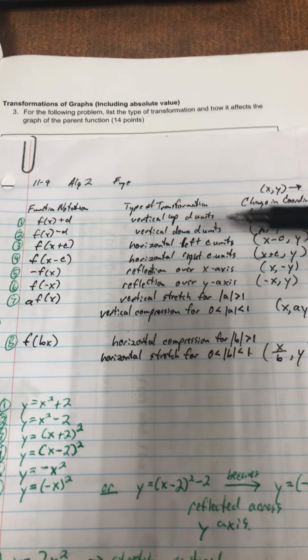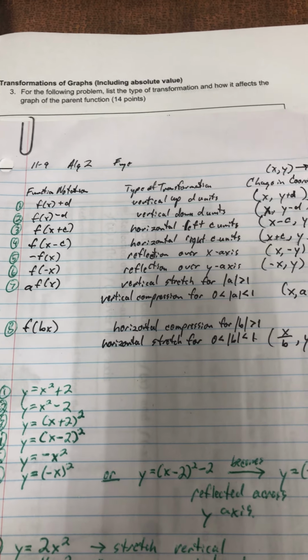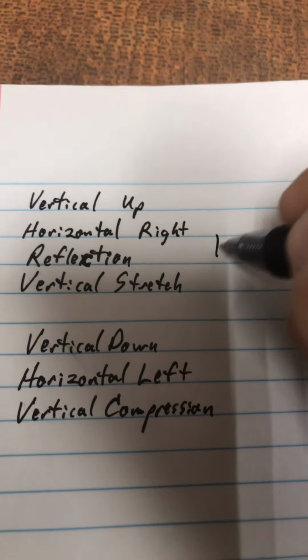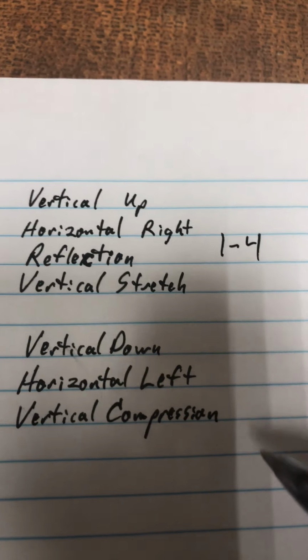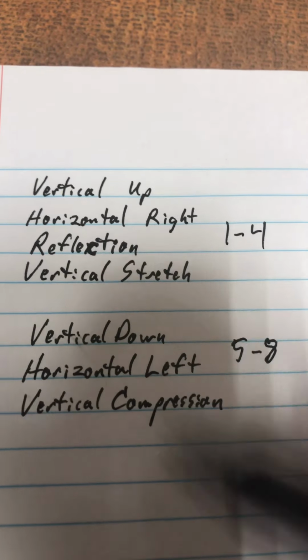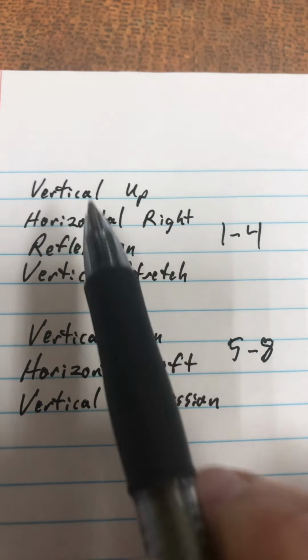If you want to, zoom in on anything, my handwriting isn't the best, but I do have some choices for you. I have some choices for your first 4, so this would be 1 through 4, and then 5 through 8 are going to be these choices, so you can come back to this, okay?